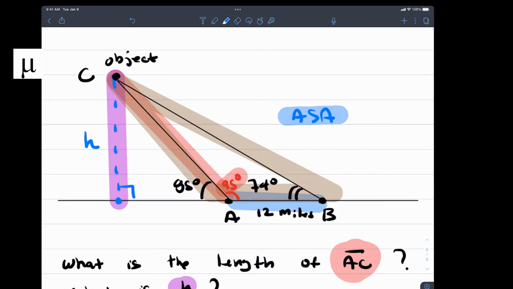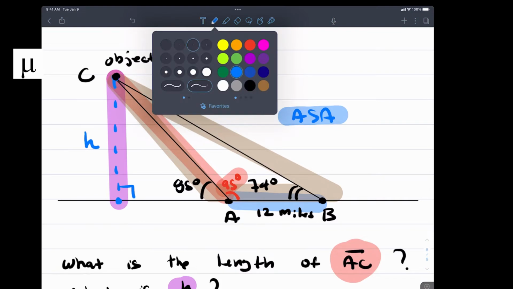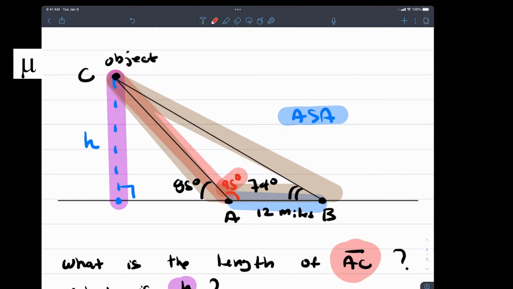So if this is angle, side, angle, what do you think we do with this? Remember, when you had angle, side, angle, the first step is to get this angle. 180 minus 95 minus what? 74 degrees. Is that true?